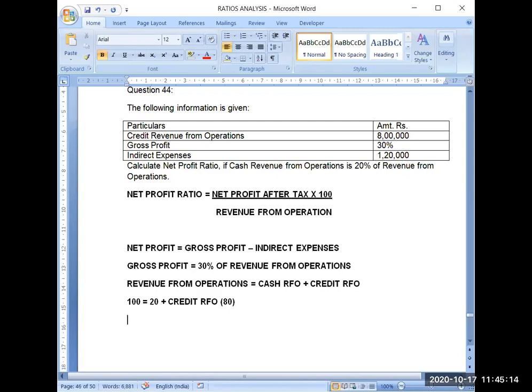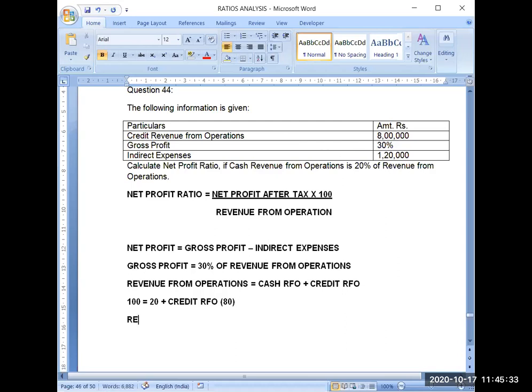So if my credit revenue, I know in this question the absolute amount of credit revenue from operation, and I want to calculate revenue from operation. So that's why I will keep this number in numerator and this number as denominator.